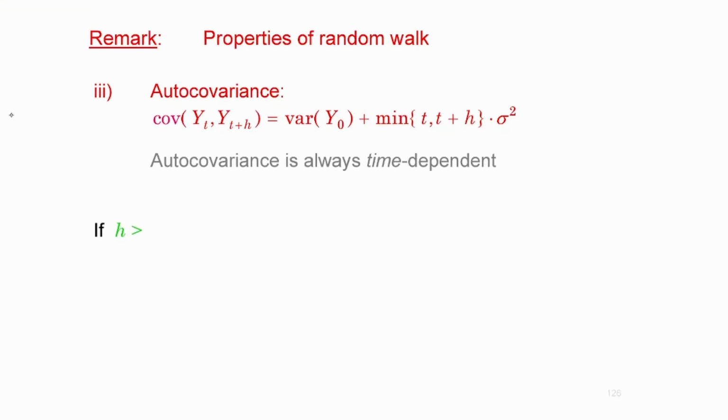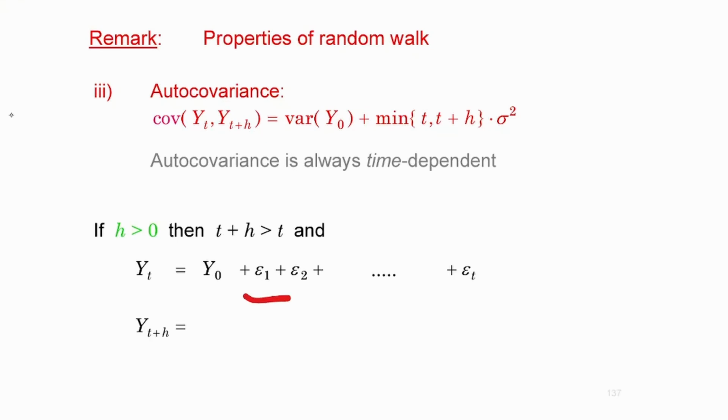Now, let me show you why this is. Let's say the time lag h is greater than 0, which means that you look at the autocovariance of the current observation versus an observation in the future. The current observation is equal to the sum of these noises. Just ignore the starting value for a moment. You don't need it, but the sum of these noises, that's what we are up to.